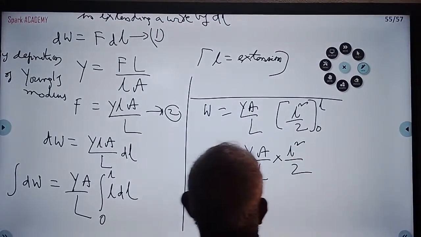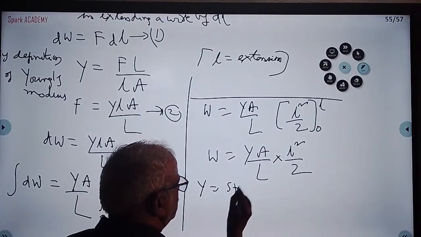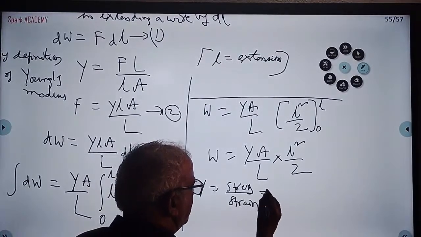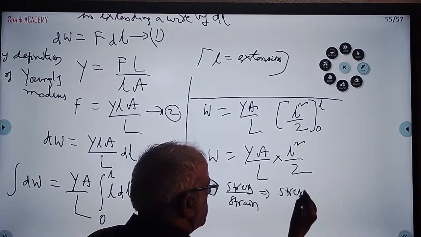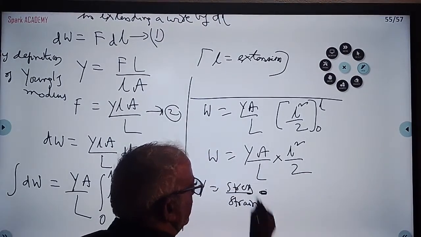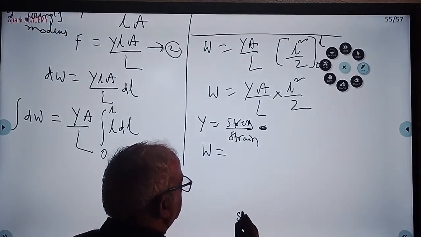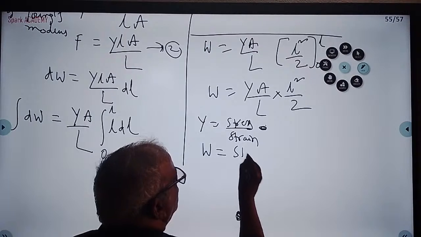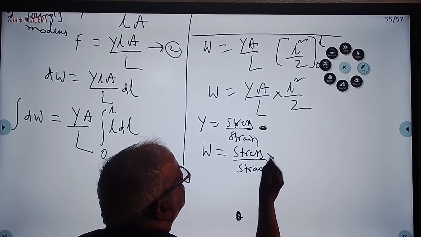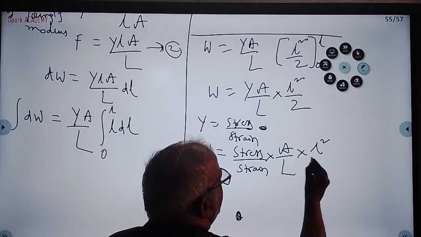Young's modulus is stress by strain. Wherever Young's modulus is there, you write stress by strain into area by length into l square by 2.